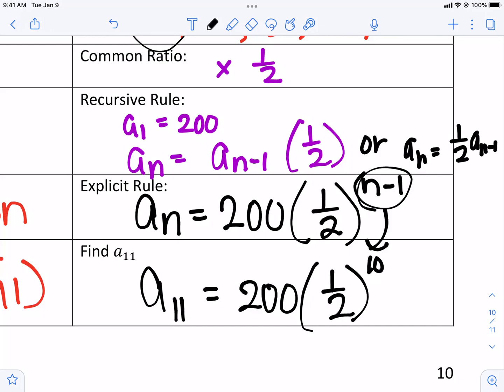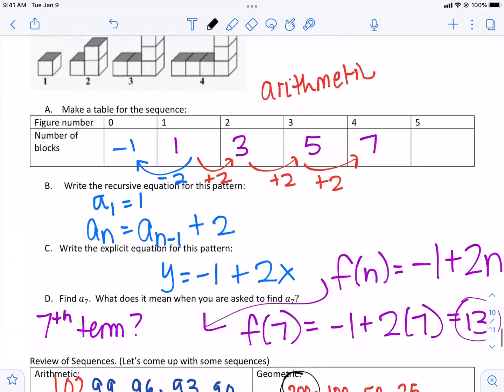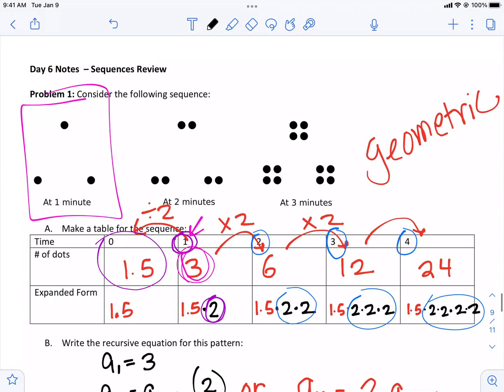I'm just typing it into my calculator. So the 11th term is really small, about 0.195. I should put wavy lines. Okay. So there's a quick review of what we've been doing the last week and a half.